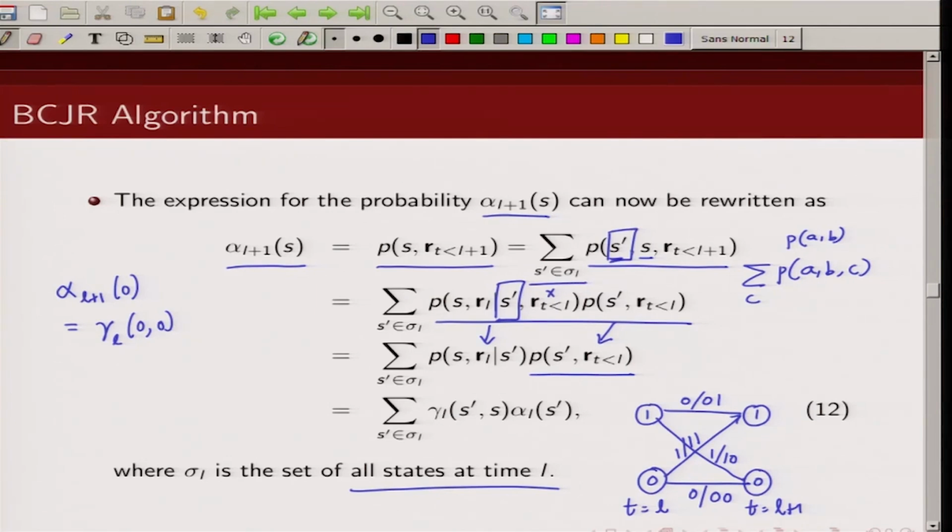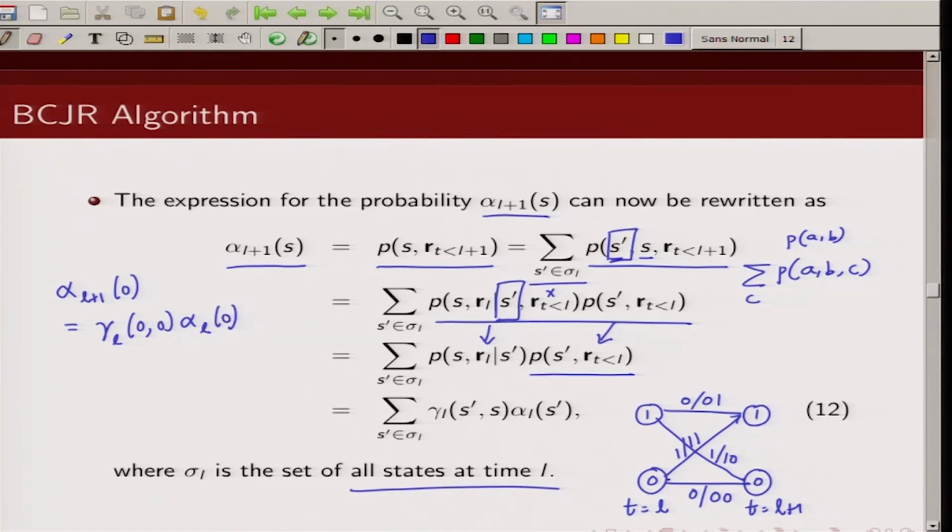Gamma 0 0 has previous state 0 and next state 0, so gamma 0 0 into alpha L belonging to state 0. So, this is gamma L 0 0, alpha L 0.